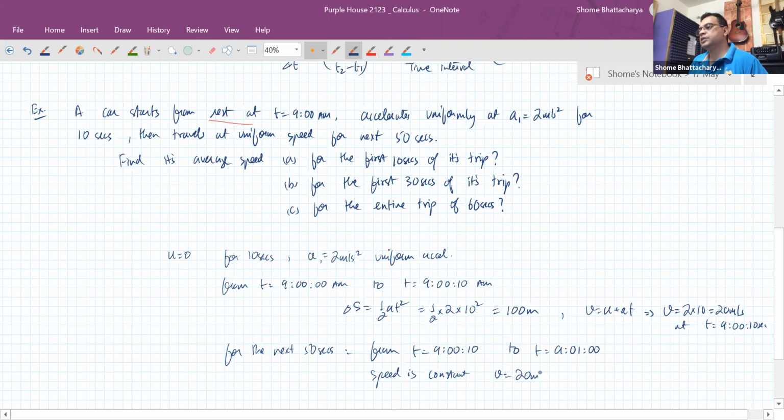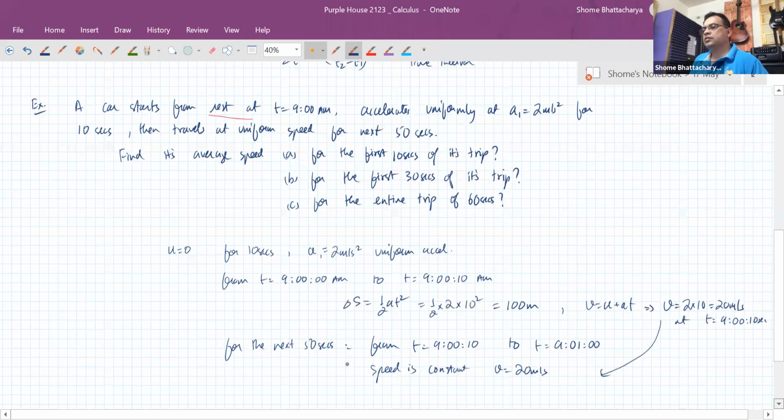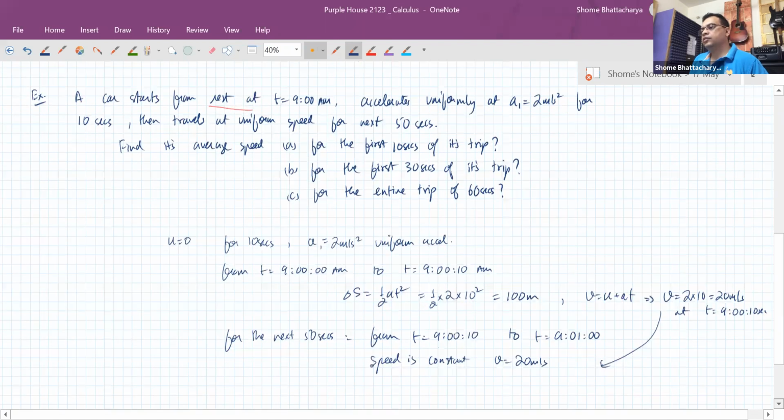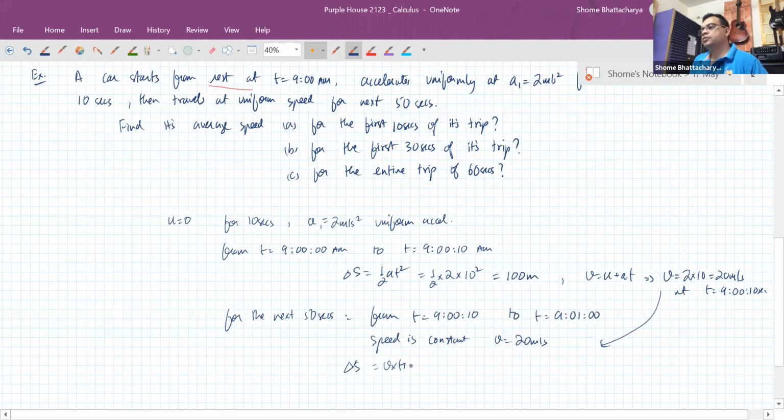Of 20 meters per second, this same value. So for the next 50 seconds, the distance traveled will be equal to speed into time. That is 1000 meters.